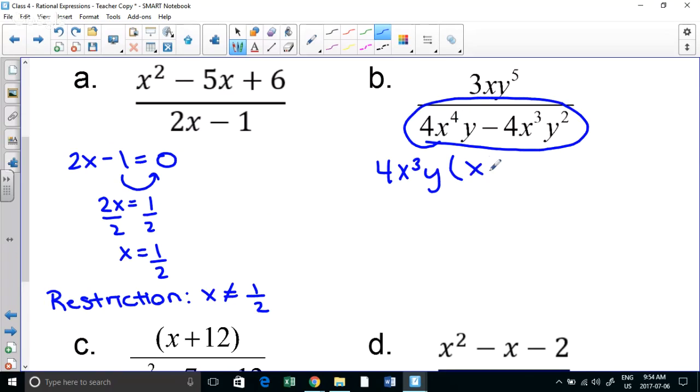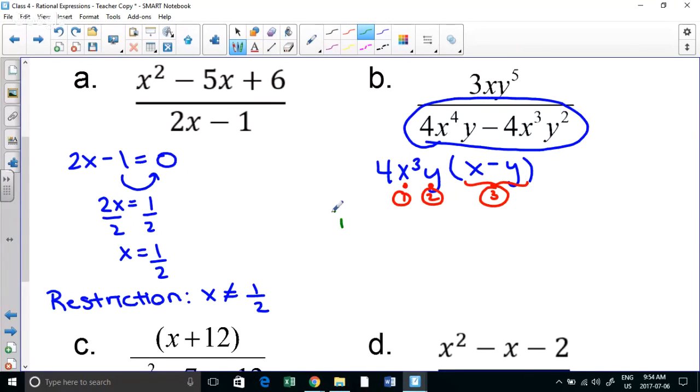That'll leave me with x minus y. Now I need to identify all the factors. Well, 4 doesn't give me a problem. This is one factor, and this is one factor. So separately, I have factor 1, factor 2, and factor 3.